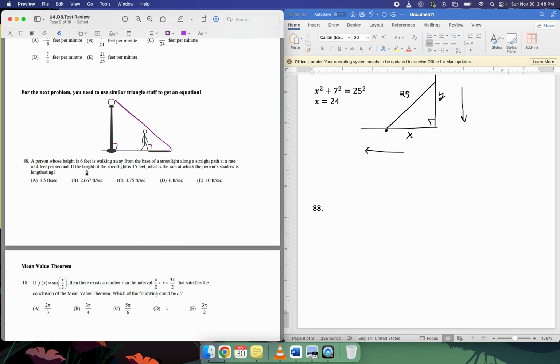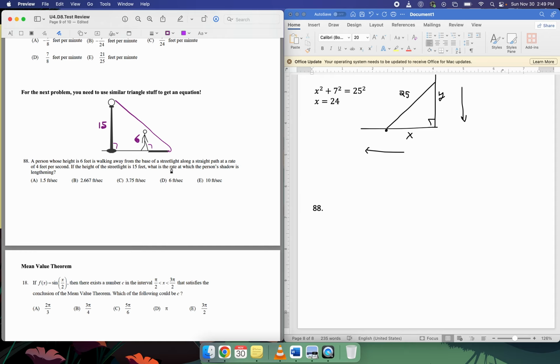All right. So the person's height is 6. So that guy is just constantly 6. That's not changing. The height of the streetlight is 15. So this is just constantly 15. Cool. And then it says, the person's walking away from the base of the streetlight at 4 feet per second, and they want to know the rate of change of the shadow.